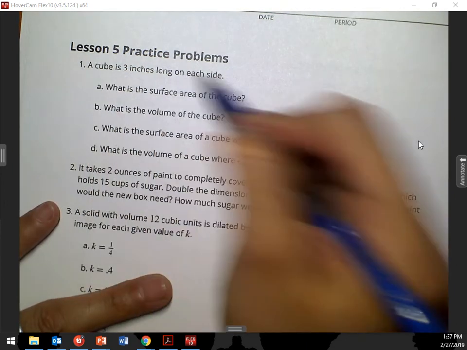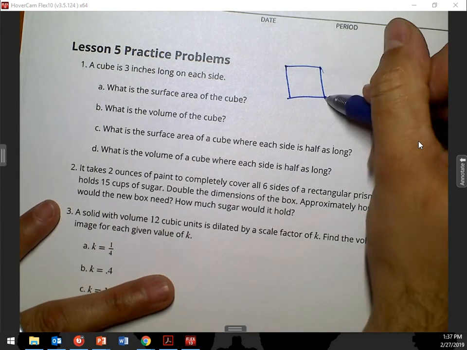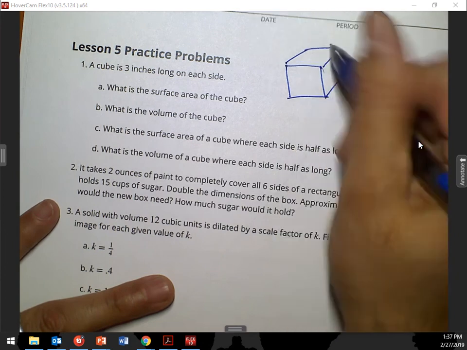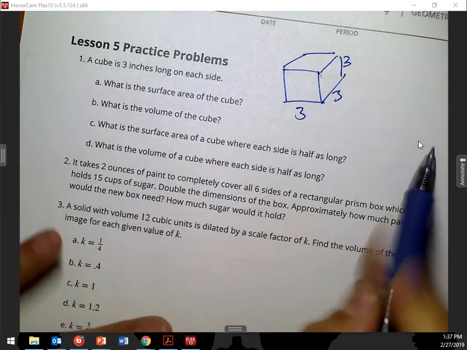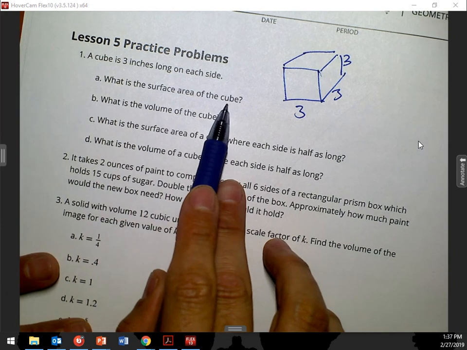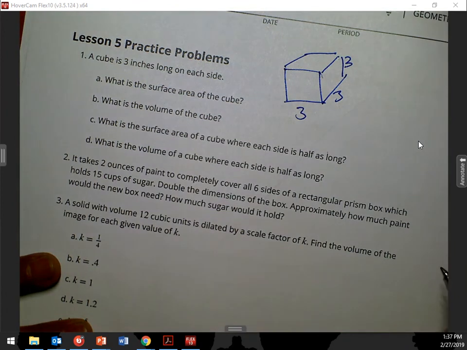A cube is 3 inches long on each side. Okay. Oh, that's what I did. 3 by 3 by 3. What is the surface area? Now, first, what is the area of this front piece? Nope.